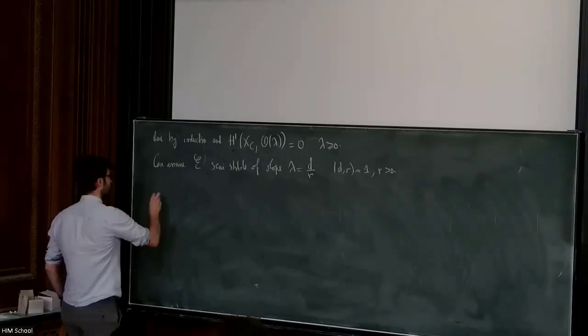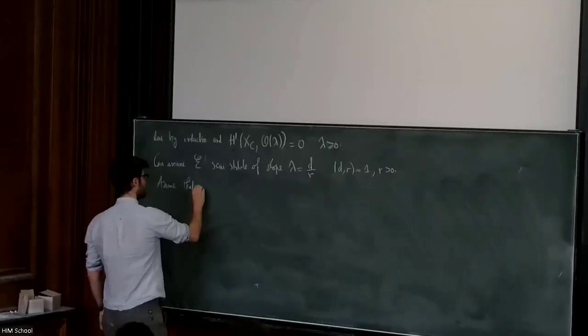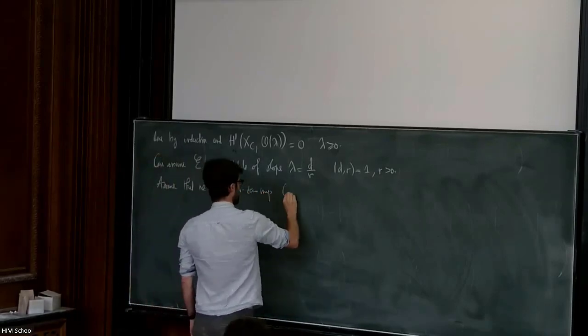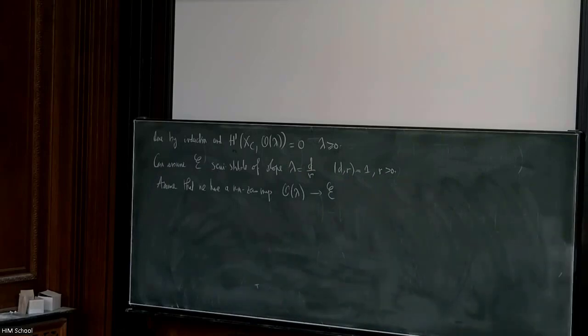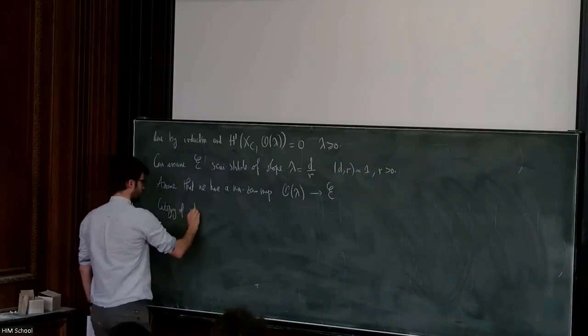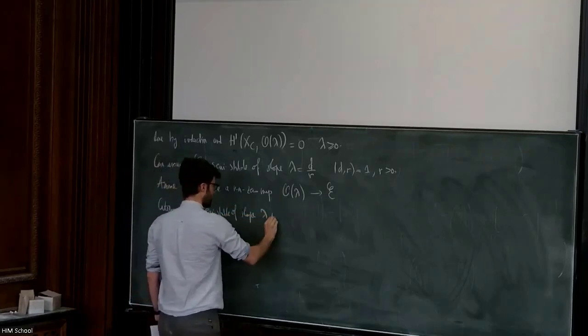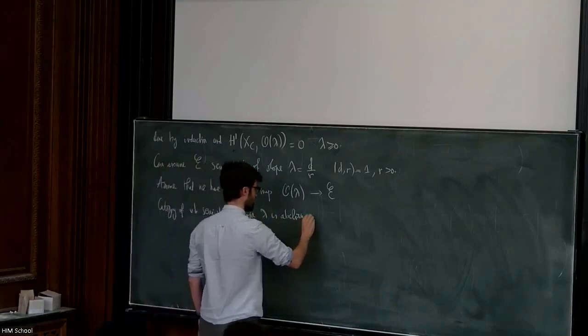So now let me assume that I have a map which is non-zero from O(lambda) to E. So what we know is that the category of vector bundles which are semi-stable of slope lambda is abelian, and the simple objects are given by the stable vector bundles.